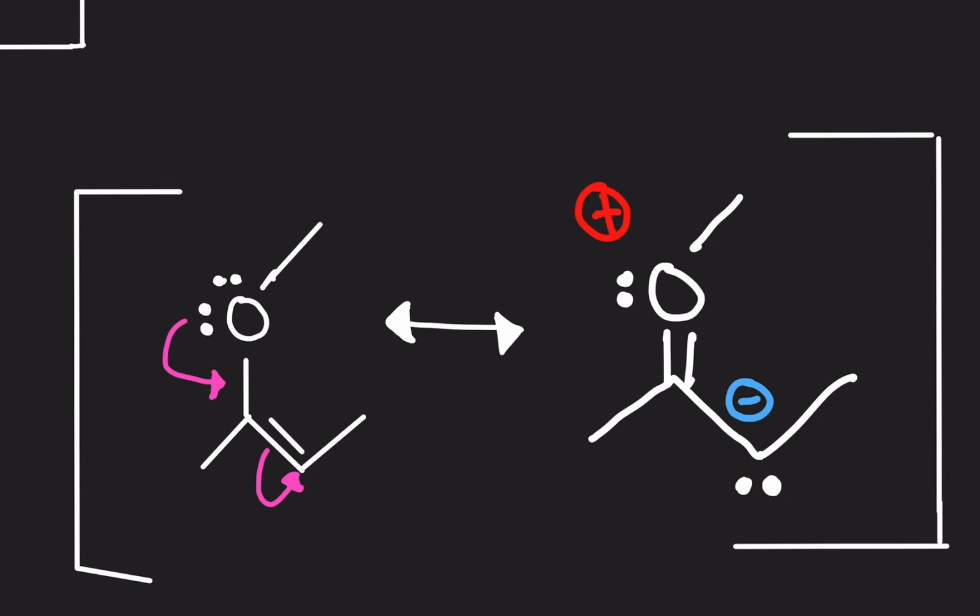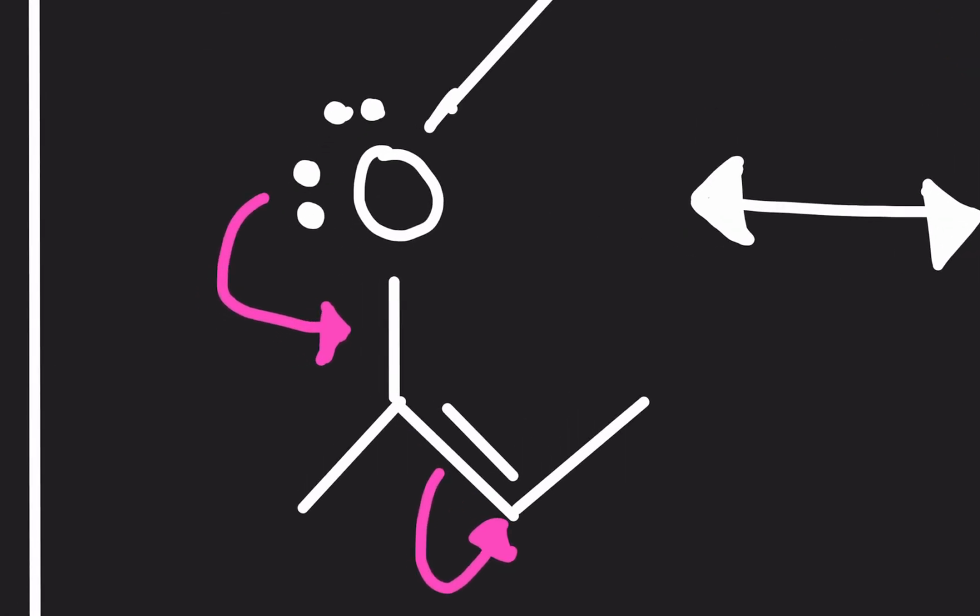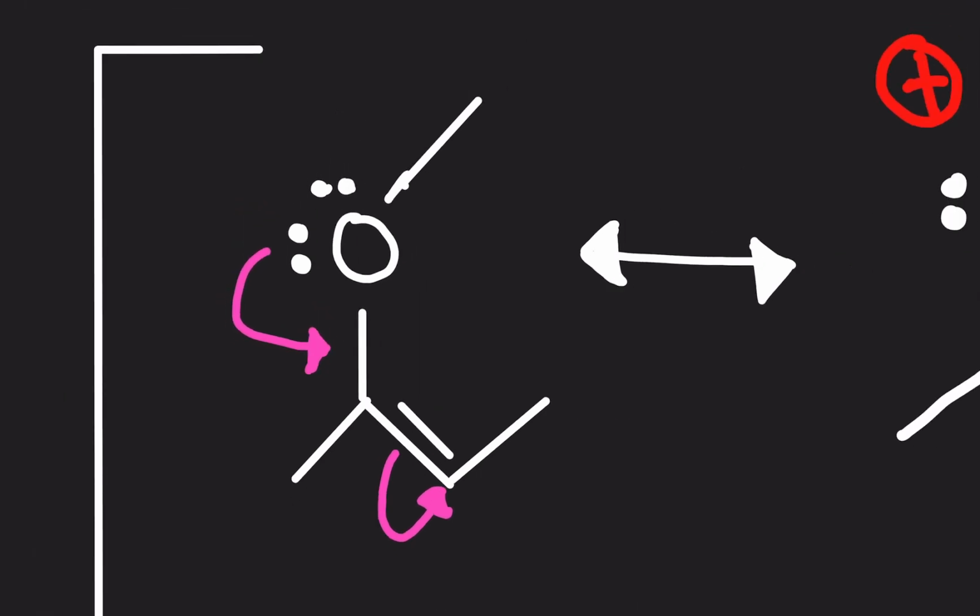Now, how do you know where to put the arrows? You're probably thinking to yourself. So the electrons must move to the next available location, well, the next nearest location. What do I mean by this? So I cannot draw this arrow like this, or something like that. Electrons cannot migrate that far.